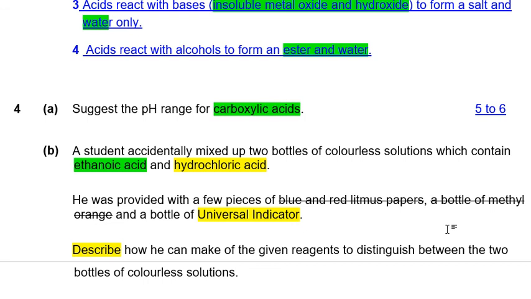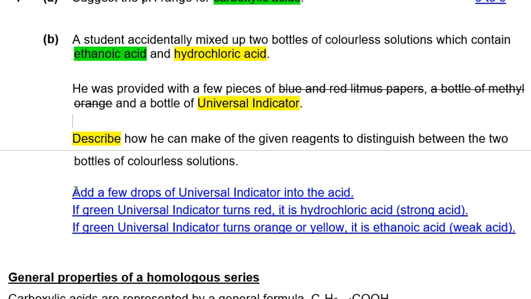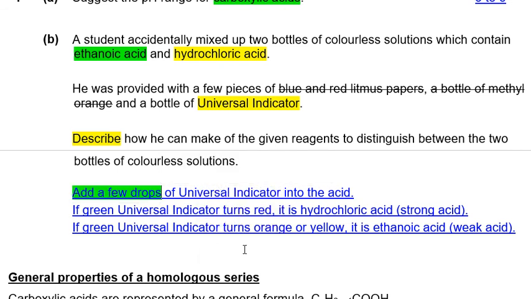So first step first, we describe how to make use of the universal indicator. Please do not just say use the universal indicator. I want to know how, so you gotta describe it. So very simply, just add a few drops of universal indicator into the acid, both acids if you want to be even more specific.